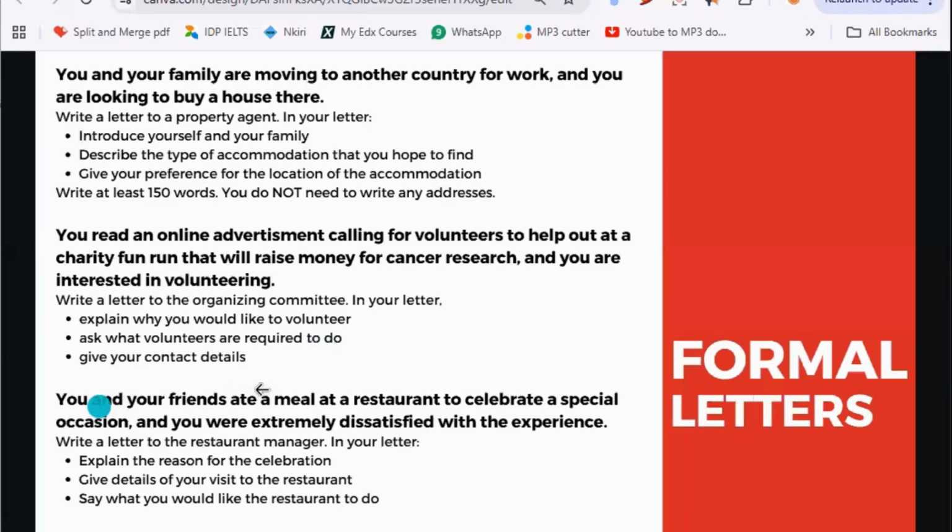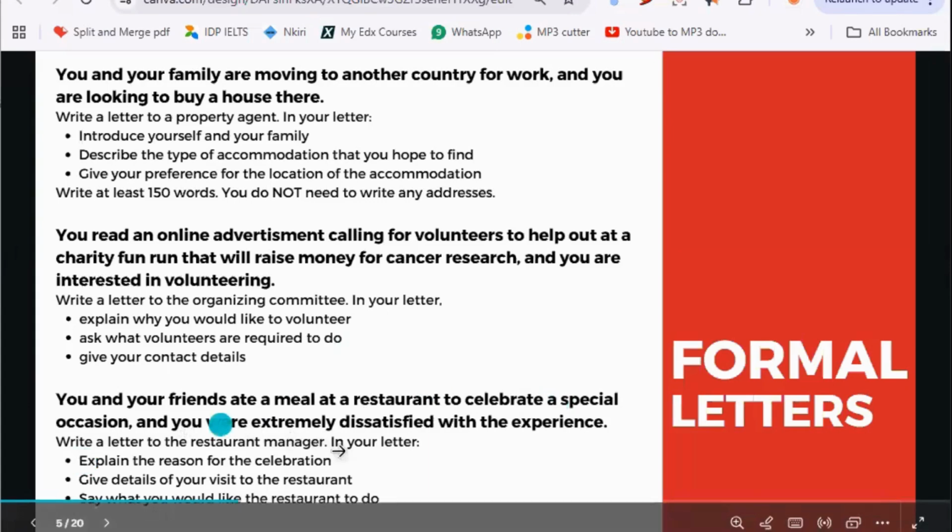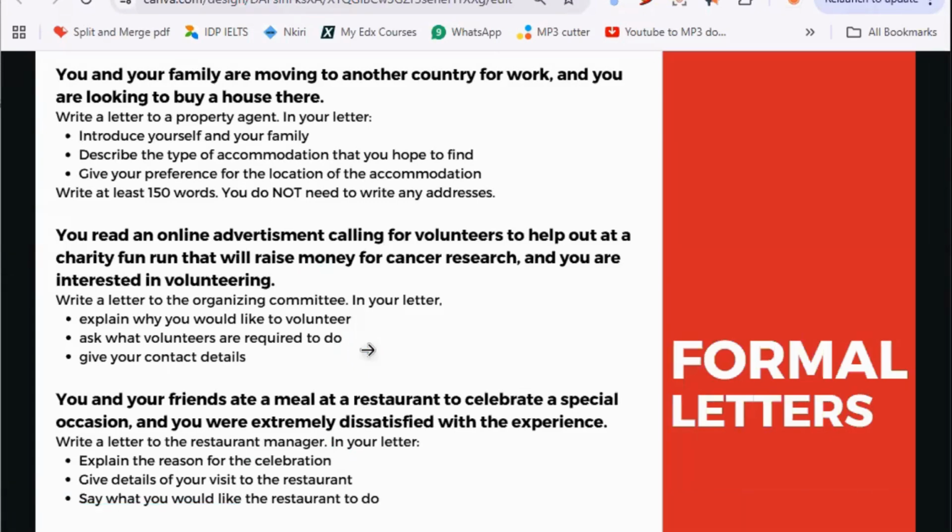You and your friend ate a meal at a restaurant to celebrate a special occasion, and you are extremely dissatisfied with the experience. Write a letter to the restaurant manager. You are writing to the restaurant manager. So you see that all these letters that we have here, they are to what? Individuals who are in official positions, positions of authority, positions of control.